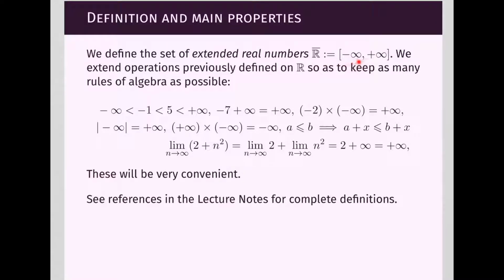So we have seen that we'll be working with this set that extends the set of real numbers by adding two elements to it, properties that we can define, operations that we can define there, properties that these operations would have, that they are very convenient, and referring you to external material for the complete definitions.